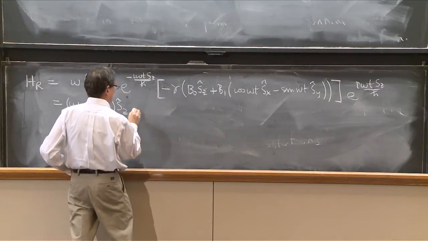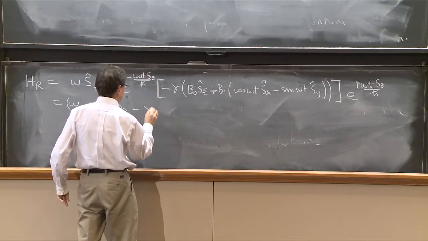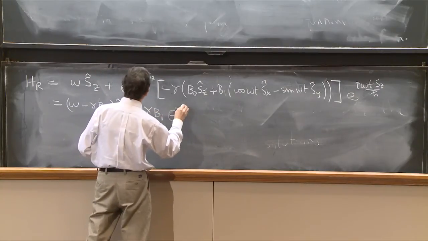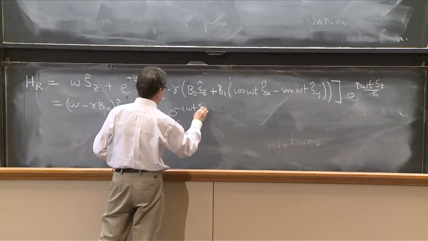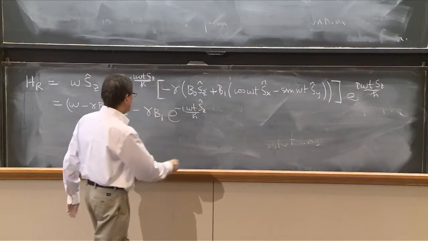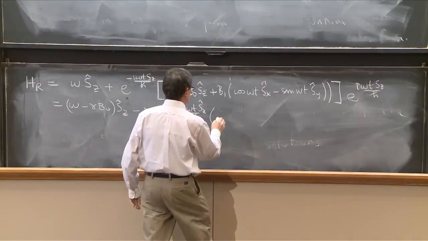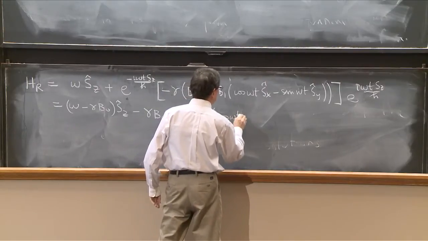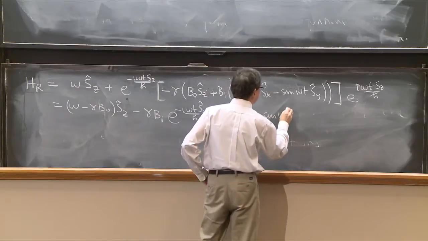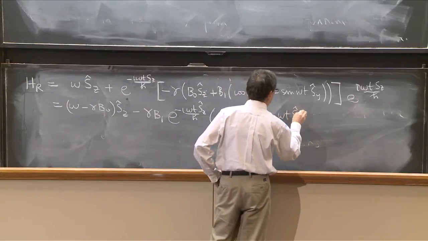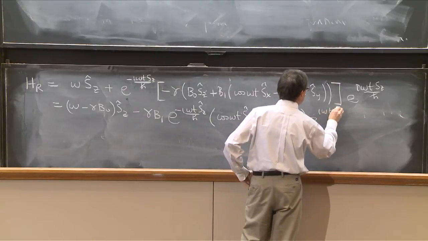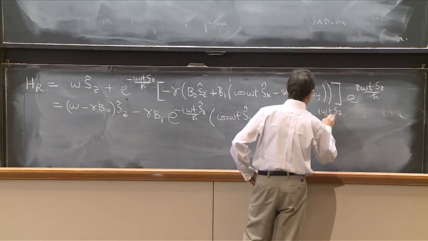I can take out the numbers, gamma, the B_1, and then I have this exponential, e to the minus i omega t S_z hat over h bar, and just having here cosine omega t S_x hat minus sine omega t S_y hat, e to the i omega t S_z hat over h bar.